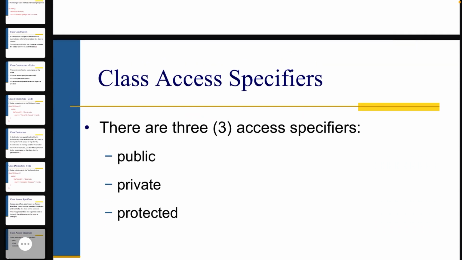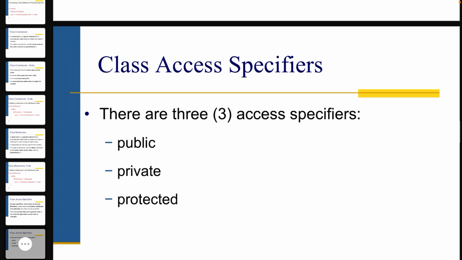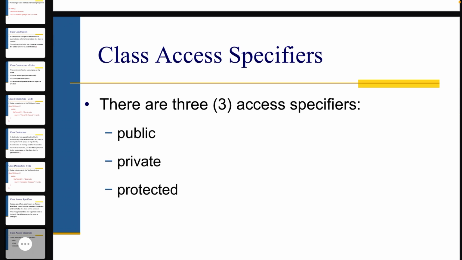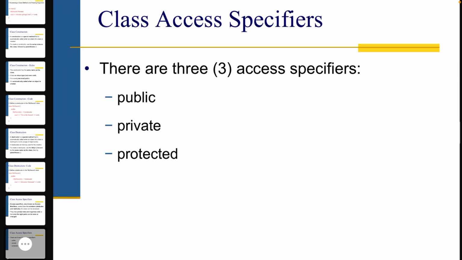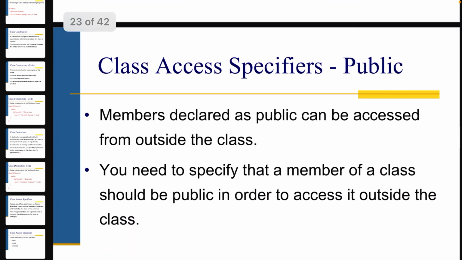Class access specifiers. There are 3 access specifiers. We have the public, private, and protected. We'll start with the public access specifier.